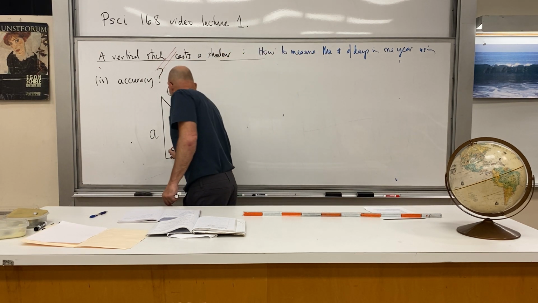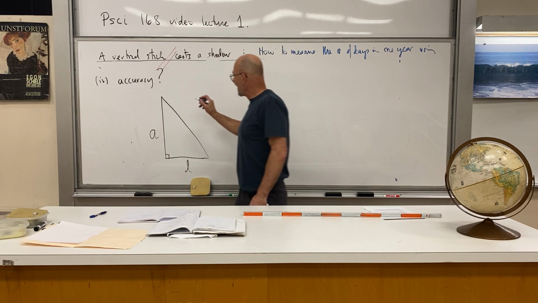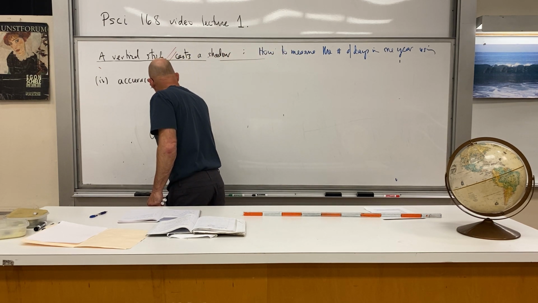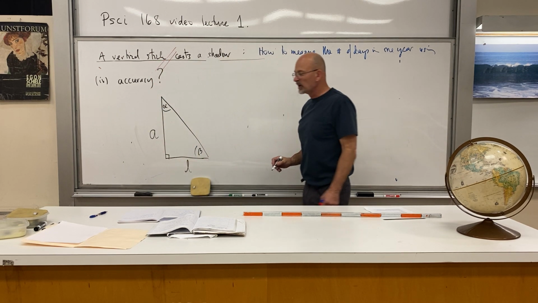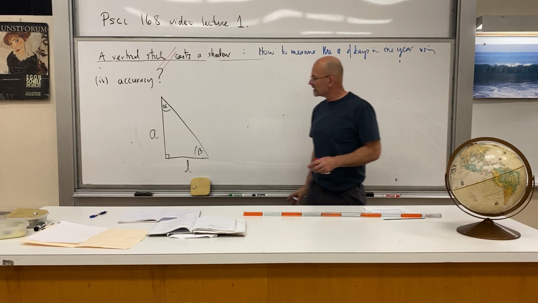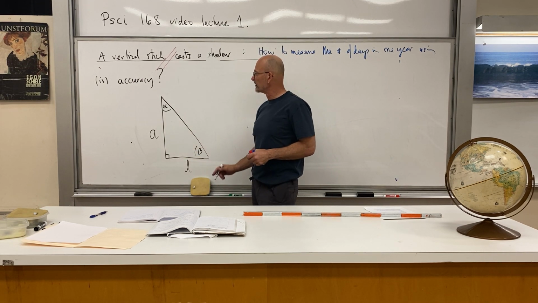We have a right triangle. We have a couple of angles available if we want to use, I'll call these alpha and beta. If we want to use geometrical knowledge to help us measure these things and relate one quantity to the other.